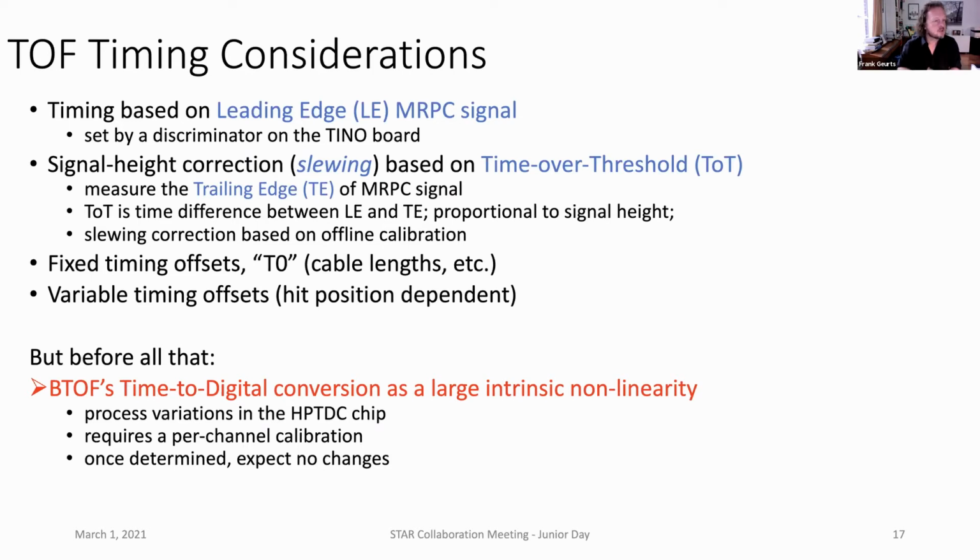What we see is that because of all kinds of process variations in the HPTDC chip, the response of the TDC is very nonlinear and is unique for each chip, for each channel. So we need to do a channel by channel calibration first to tackle this nonlinearity. And once determined, we expect no changes, and indeed a few years into running TOF, we did some spot checks and could confirm that that didn't change.